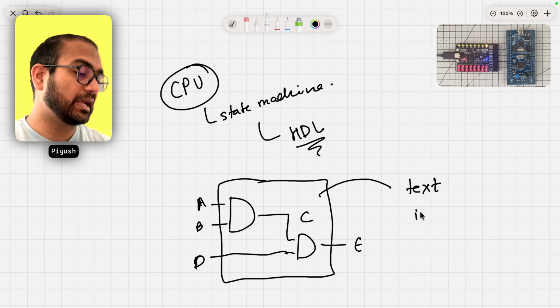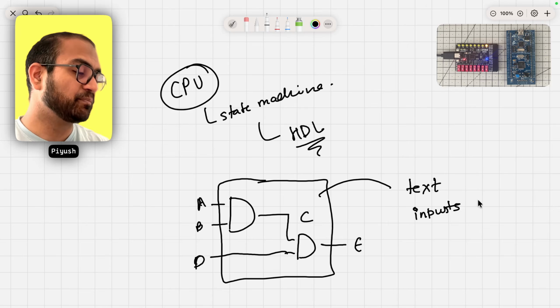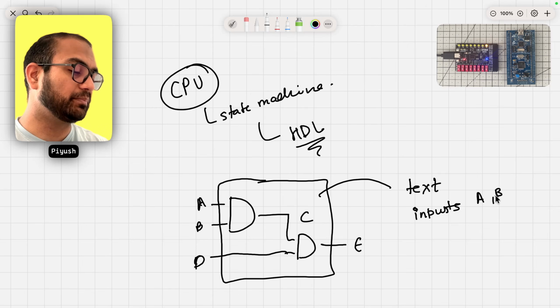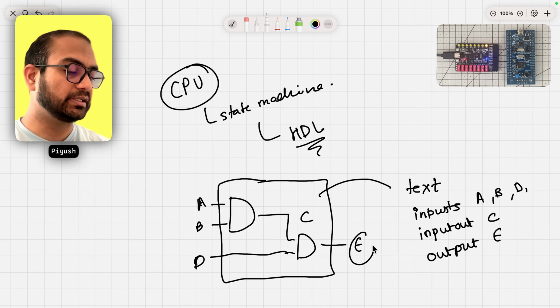There is syntax to do this, Verilog, VHDL, those kinds of languages. So you can then say my inputs are A, B, D, and my outputs are C and E. So E is just the output.